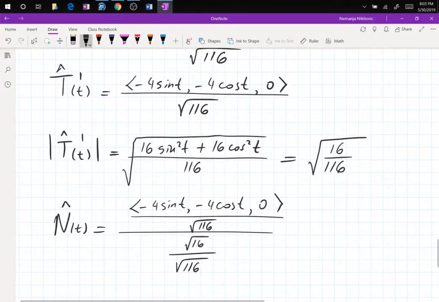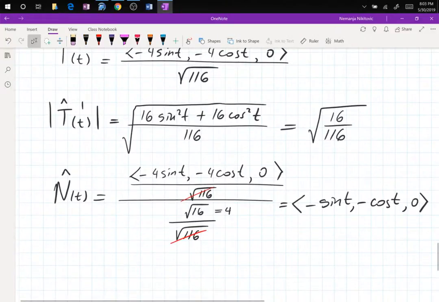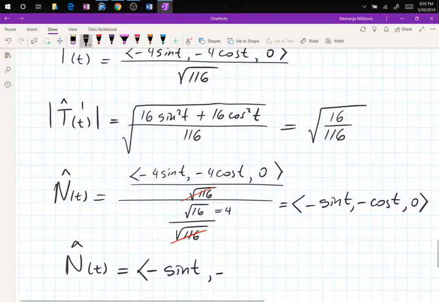Now square root of 16 is 4, and the square root of 116 cancels, and the 4 cancels all of these, so now it's equal to negative sine t, negative cosine t, and 0. There it is. So the unit normal vector is negative sine t, negative cosine t, and 0.